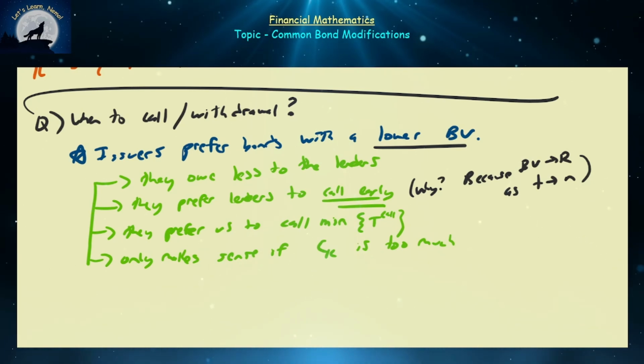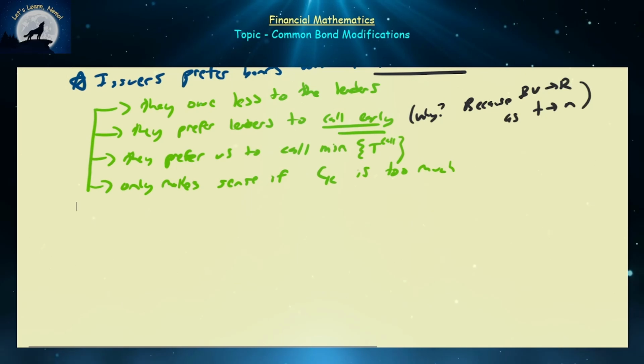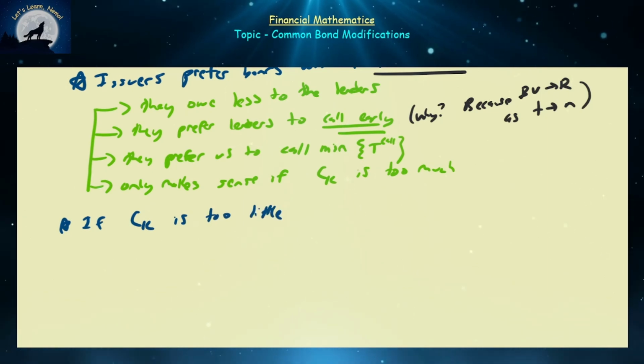That's another reason why zero coupon bonds are a thing, because then they don't have to deal with the CK being too large or too small. So another perspective: if the CK is too little, zero coupon bonds are obviously the more ideal case for this, then what do they prefer?